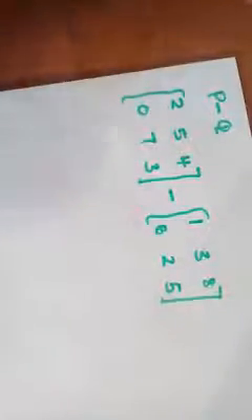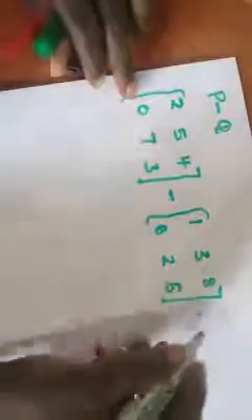If we look at these matrices, they are of the same order. We have 2 rows and 3 columns, and this one also has 2 rows and 3 columns. Therefore, subtraction is very possible.